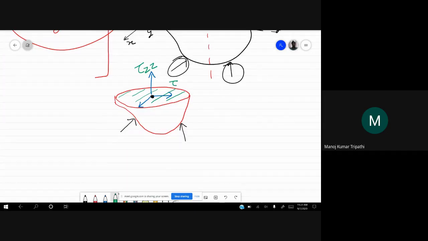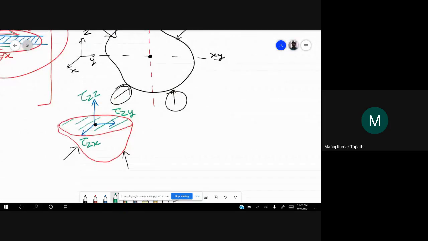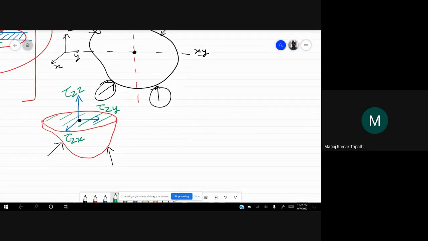So all of them will have first subscript z. This is tau zx, this is tau zy. There is no problem with this because the surface area that we took had its normal in the positive z direction. So there is no problem here.